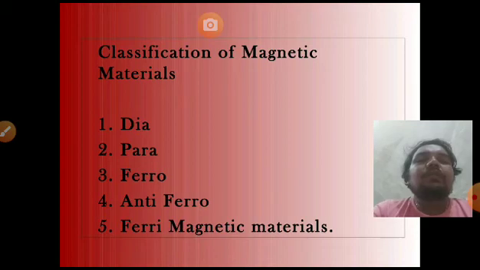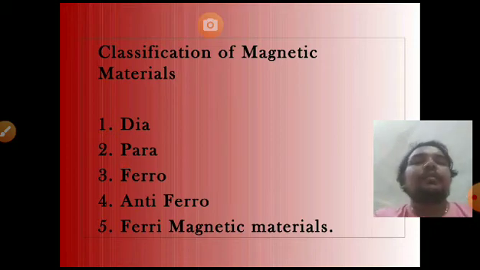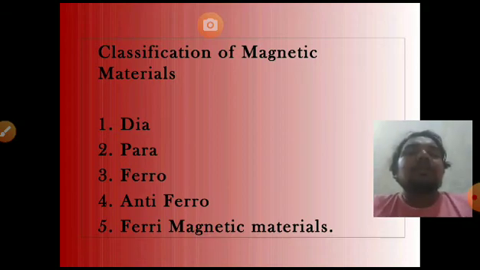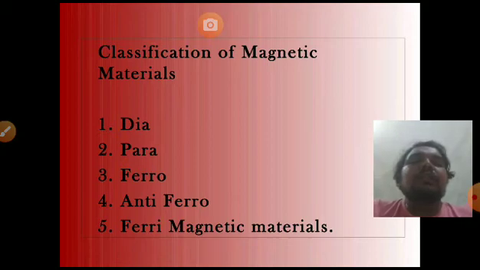A paramagnetic material partially allows the magnetic field in the material, and such material is called paramagnetic material. A ferromagnetic material is strongly magnetized, and such metal is called ferromagnetic material.